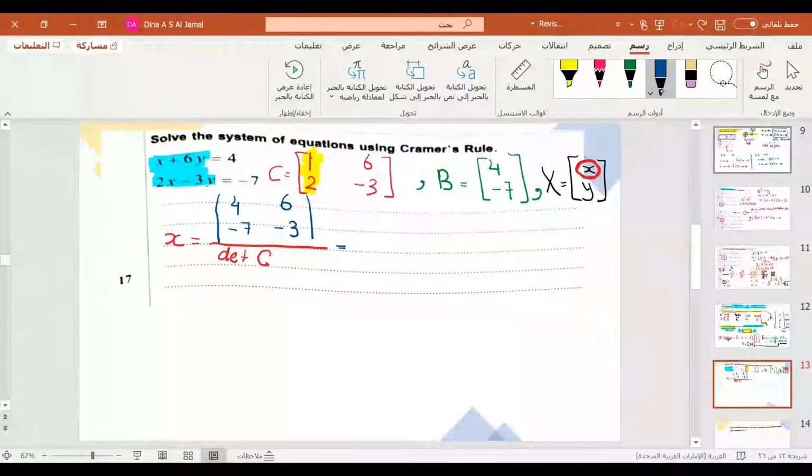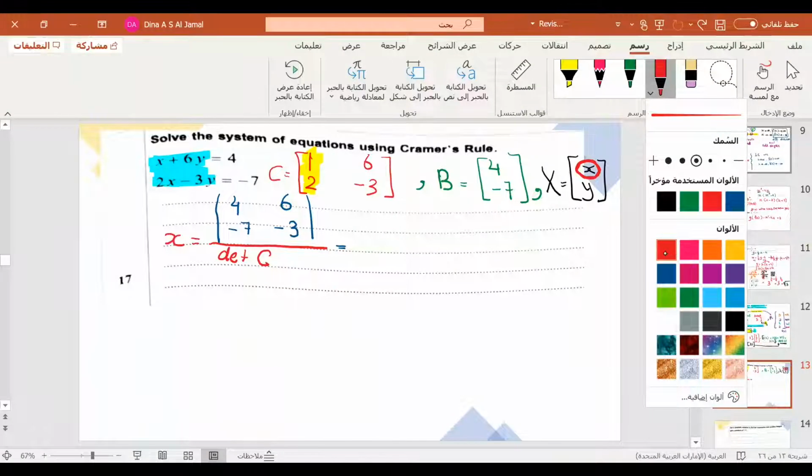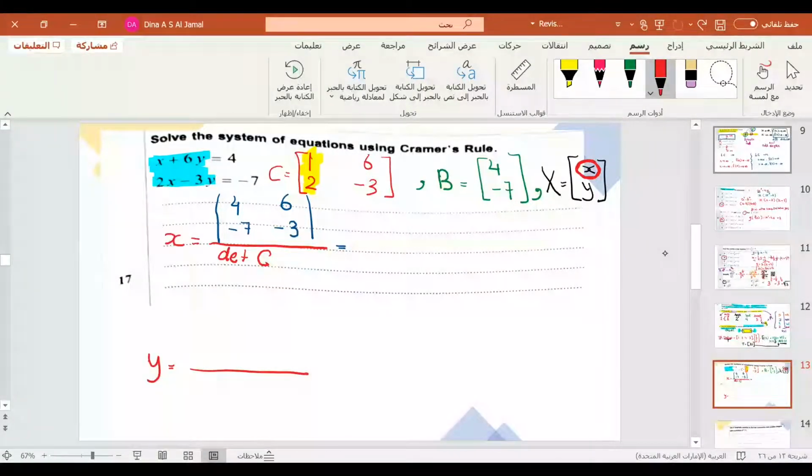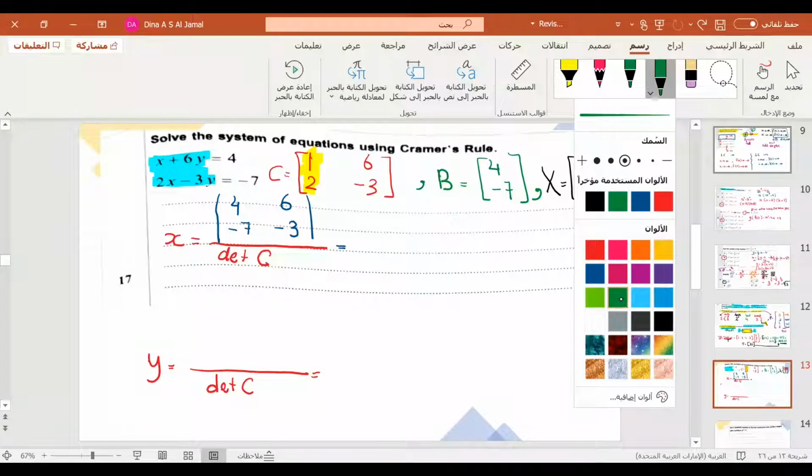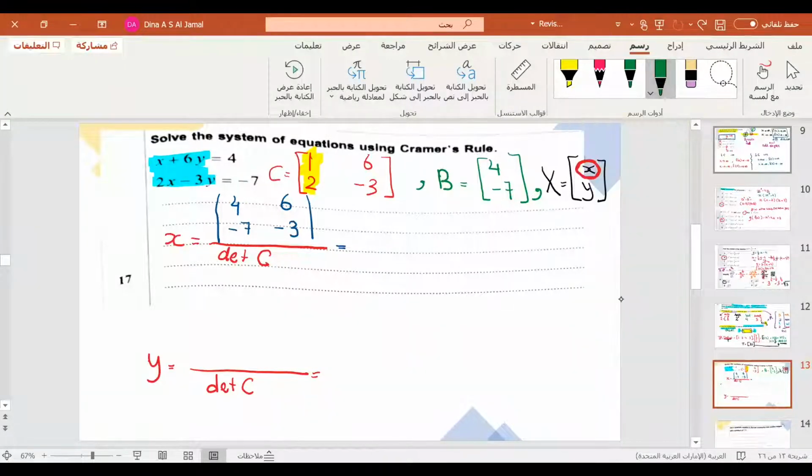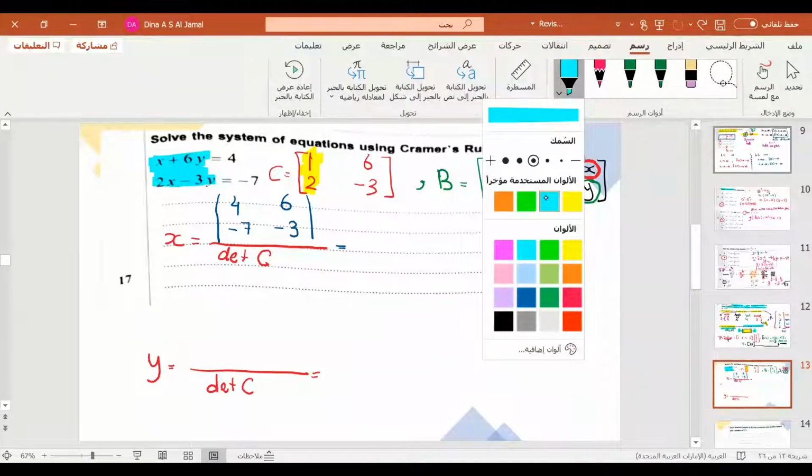And your variable y, numerator and denominator: the denominator will be the determinant of C, but your numerator will be different. So pay attention. Your variable y came second. That means you should take the constant matrix and replace the second column.